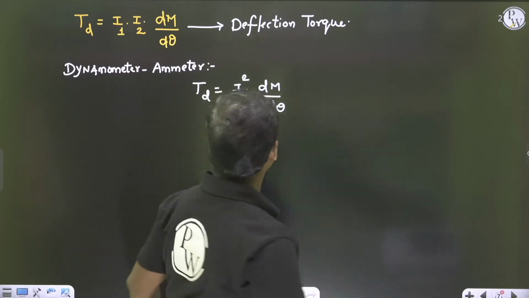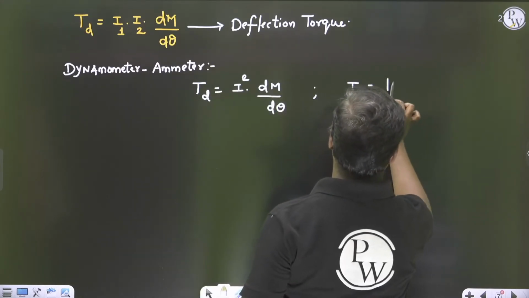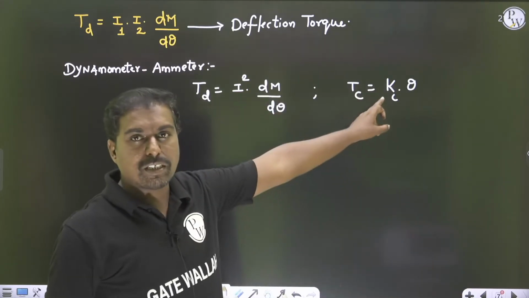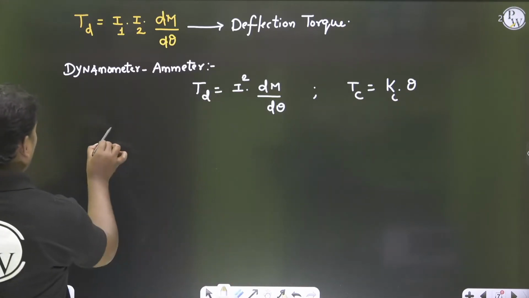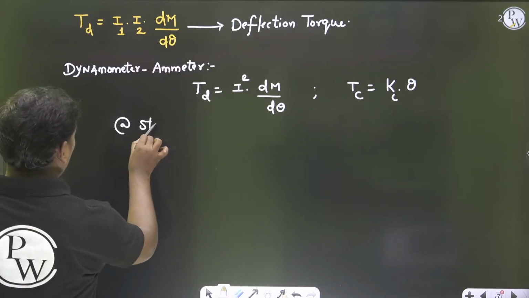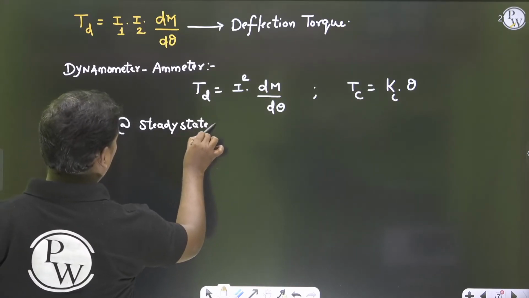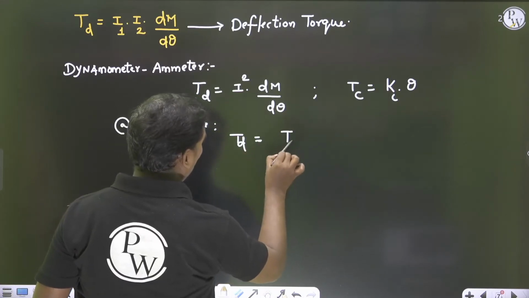Okay, and what is the controlling torque? The controlling torque is always the same expression, Tc is equal to Kc theta, where Kc represents the spring constant and theta is the deflection. Now at steady state, the deflection torque and controlling torque both will be equal.